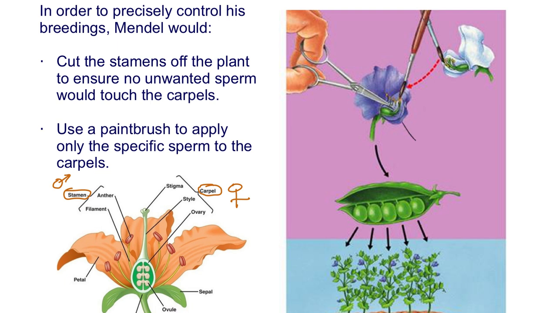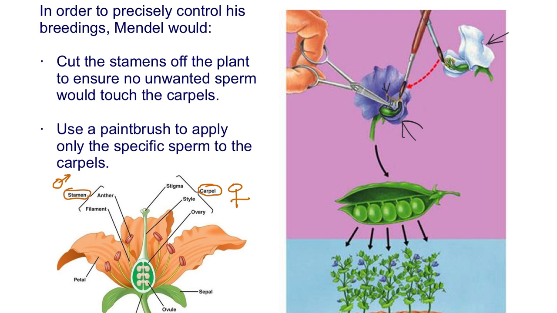Okay, so here you see how Mendel did his experiments. Here's a purple flower plant, here's a white flower plant, different traits, petal color. So here's the pistil, and he cut off the stamens so that the plant would not self-fertilize.